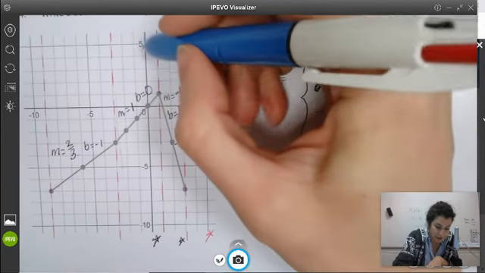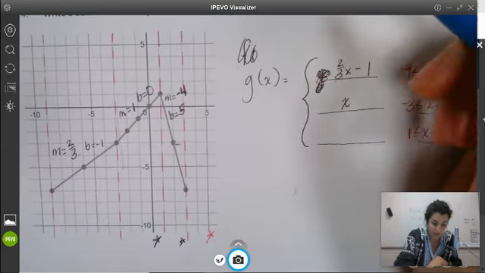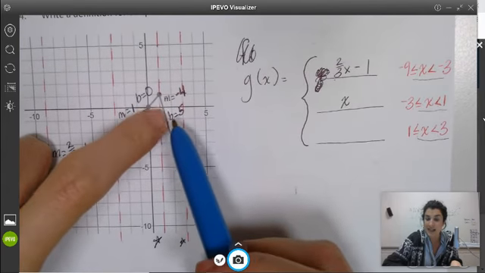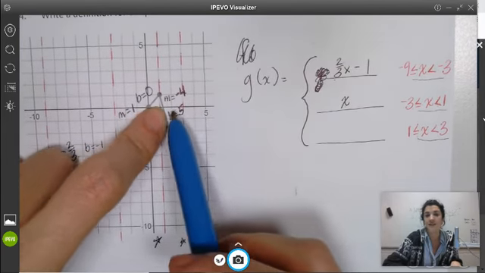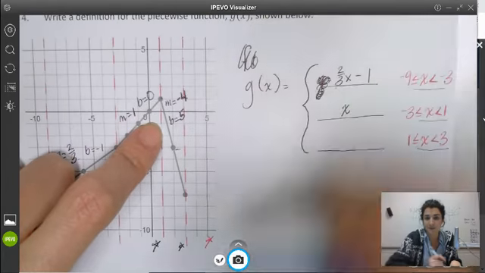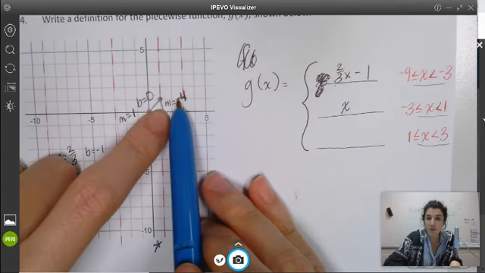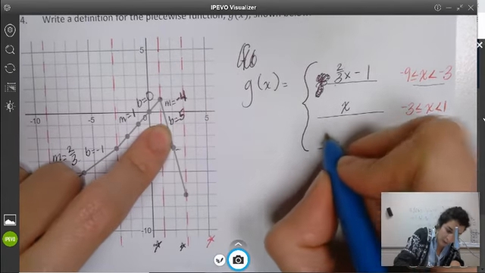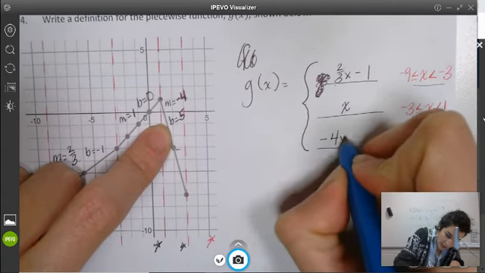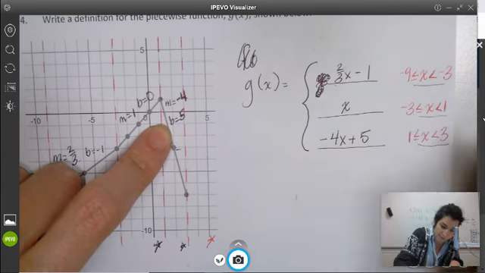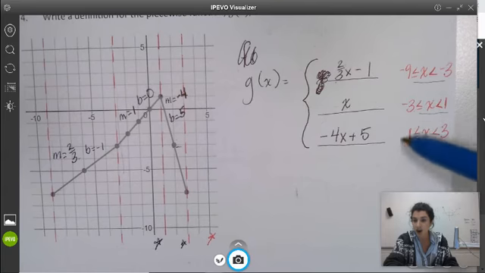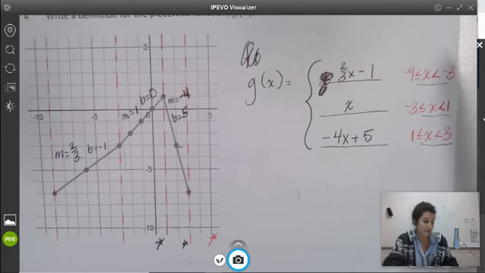Knowing this information, I would like for you to write out the expression for this line. If we have a slope of -4 and our y-intercept would have been +5, that would be -4x plus 5. We only care about -4x plus 5 on this domain.